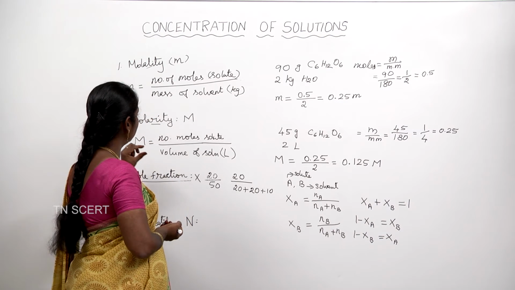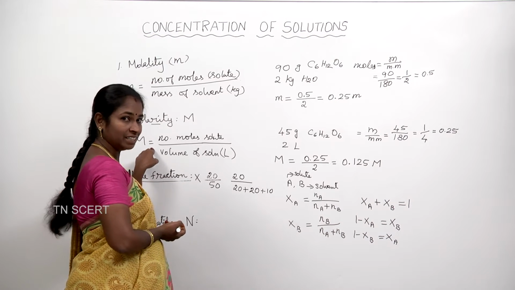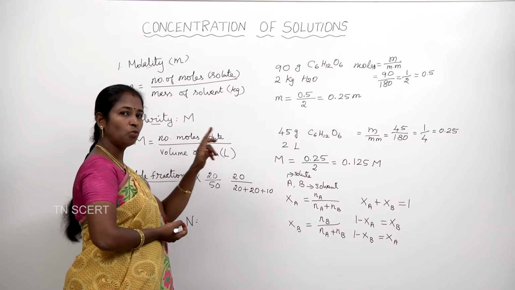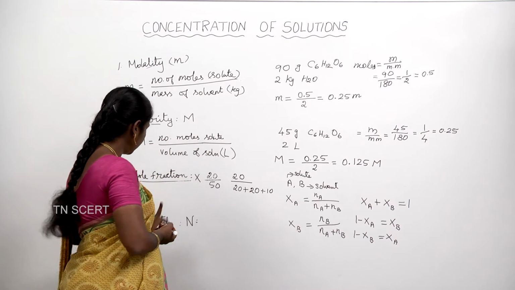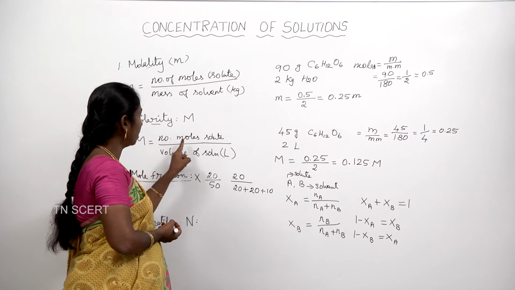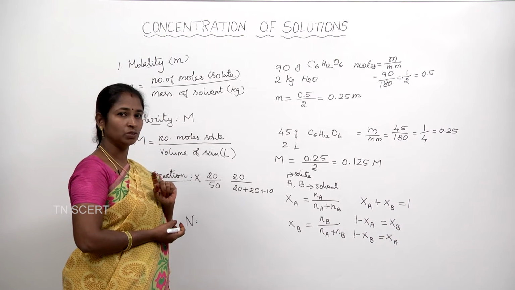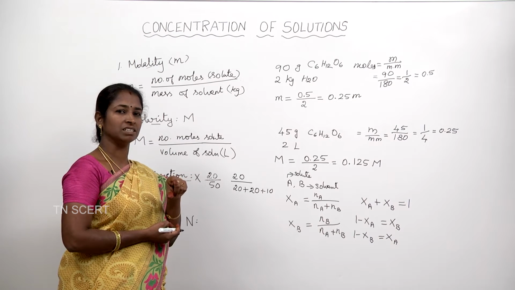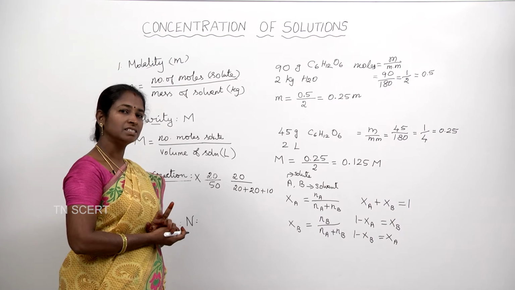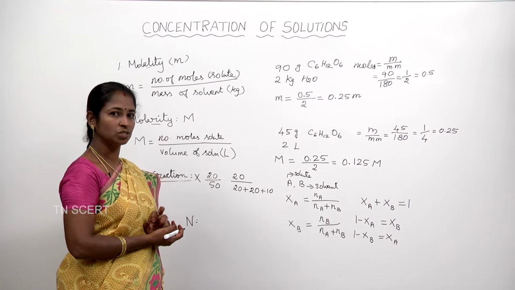It is very similar to molarity, only the difference is that instead of taking the number of moles of solute, in the calculation of normality we have to calculate the number of gram equivalents of the solute. The number of gram equivalents of solute present in 1 liter of the solution is known as the normality of the solution.